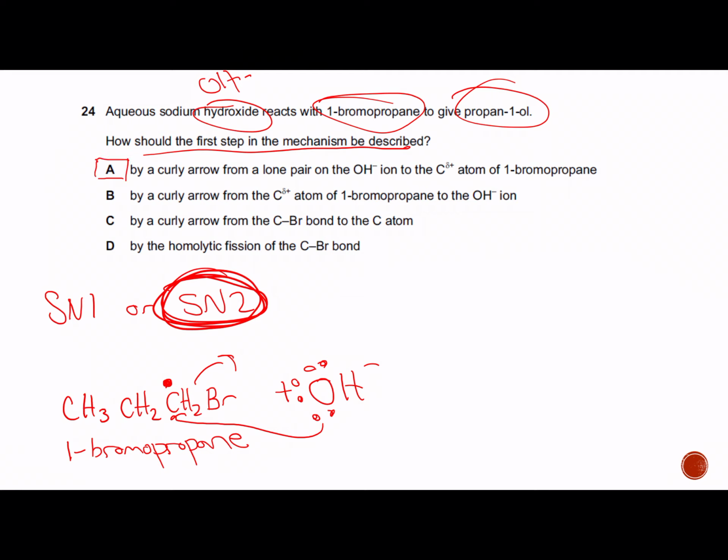It's A. Lone pair on the OH minus to the partially positive carbon on the 1-bromopropane. Notice B says from carbon to OH, but we always go from the electrons to the electron deficient area or the positive charge.